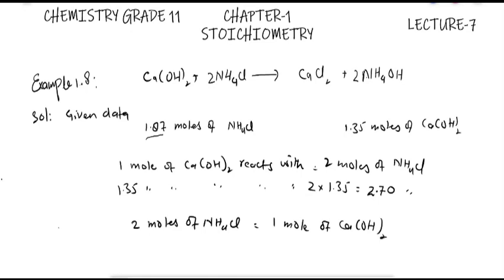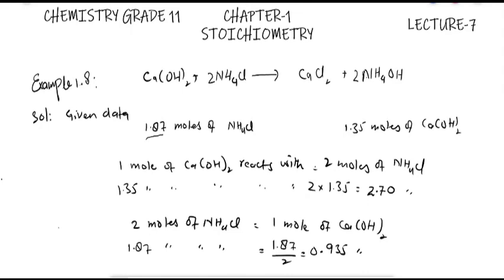This is what we know from the balanced chemical equation. So for 1.87 moles of ammonium chloride, we would need 1.87 divided by 2, and this is equal to 0.935 moles of calcium hydroxide.